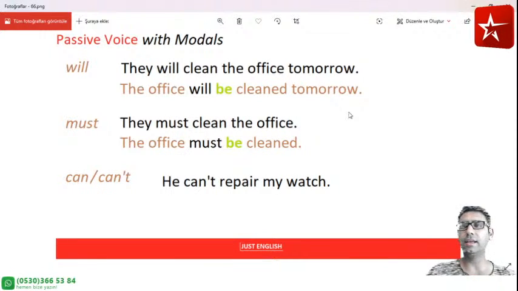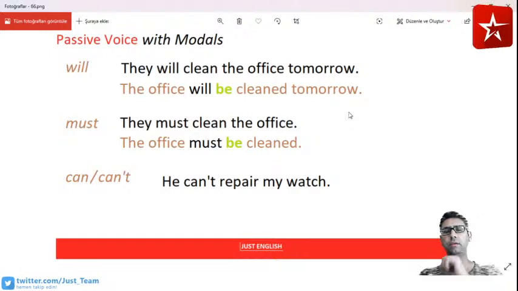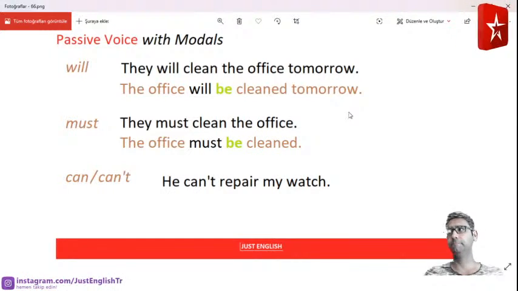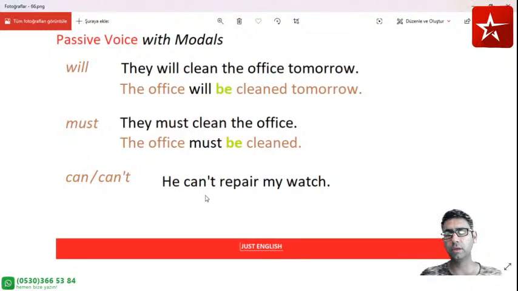Can and can't. He cannot repair my watch. You know, the watch that we wear on our wrist. Again, the first thing we need to find is the subject of the passive voice sentence. So he cannot repair my watch. This is who, and this is the modal. This is the verb of the sentence.